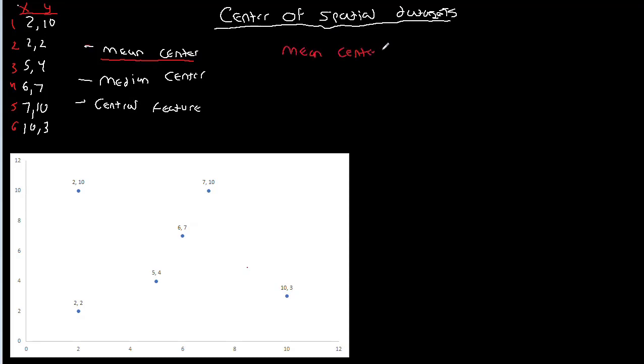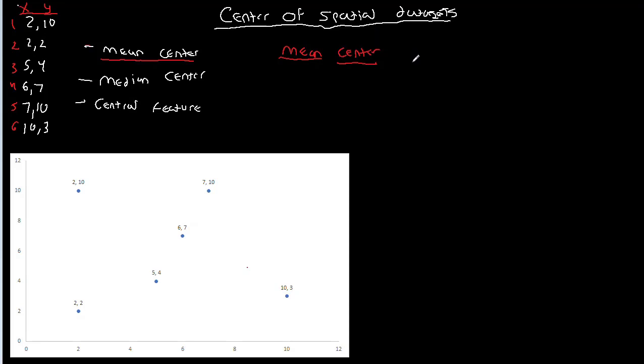As the name implies, mean or average, we're going to pull in that same concept we talked about when we discussed the mean of a data set to figure out the center of a spatial data set. So, mean center.